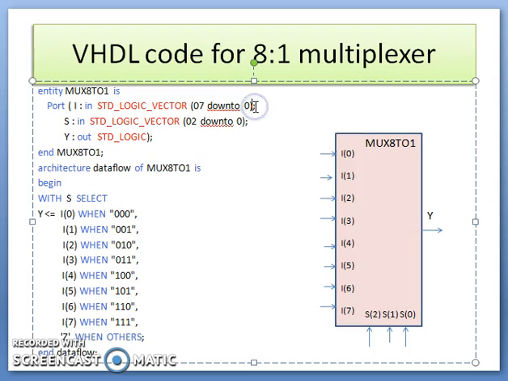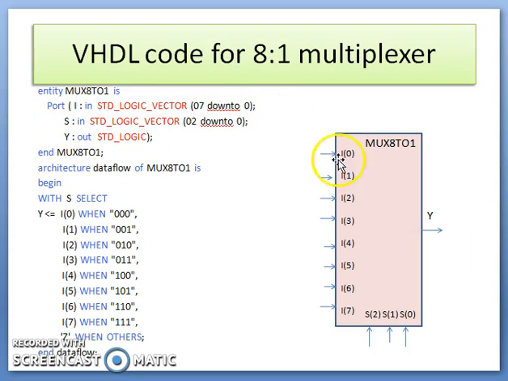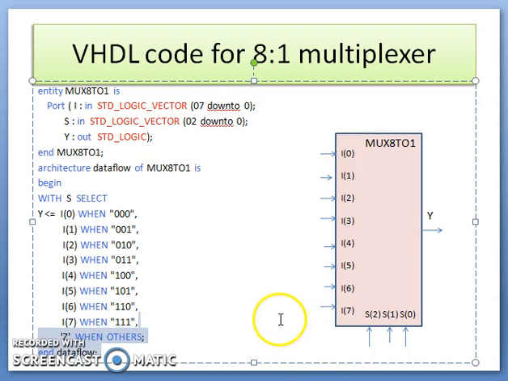And when you write this statement, each VHDL statement ends with a semicolon. When you write the statement, this software automatically creates input pins with these names, I7 down to I0. In that, I7 is considered the MSB pin, and I0 here is considered the LSB pin.